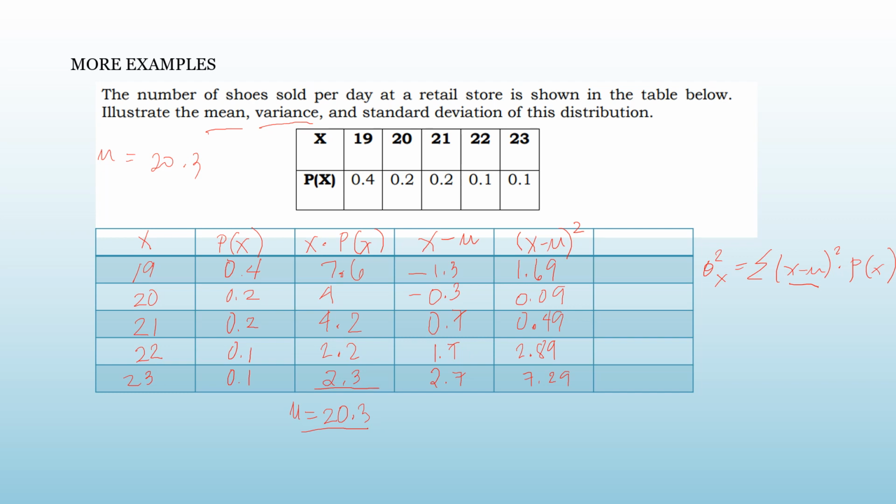After this step, we will now multiply x minus mean squared by the probability of x.